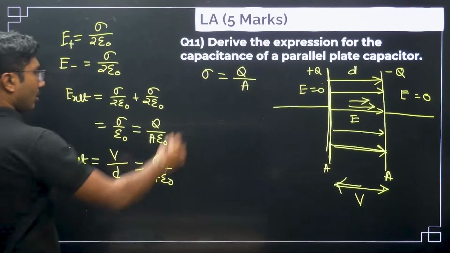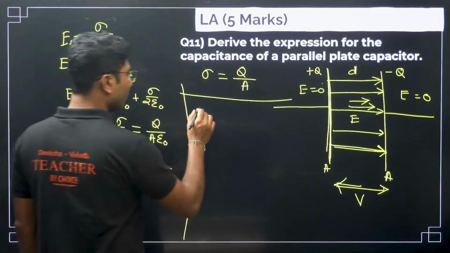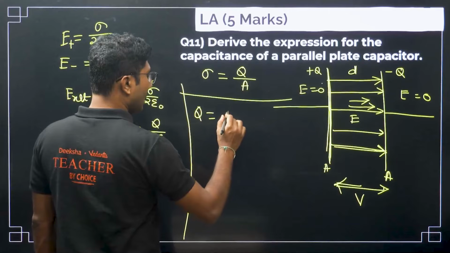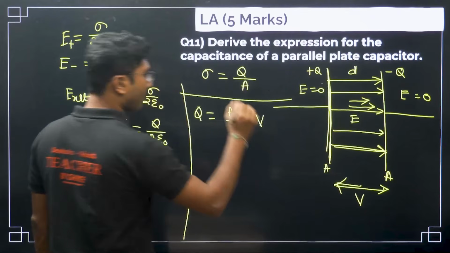Or we can continue our derivation: Q equals A epsilon naught by D into V.